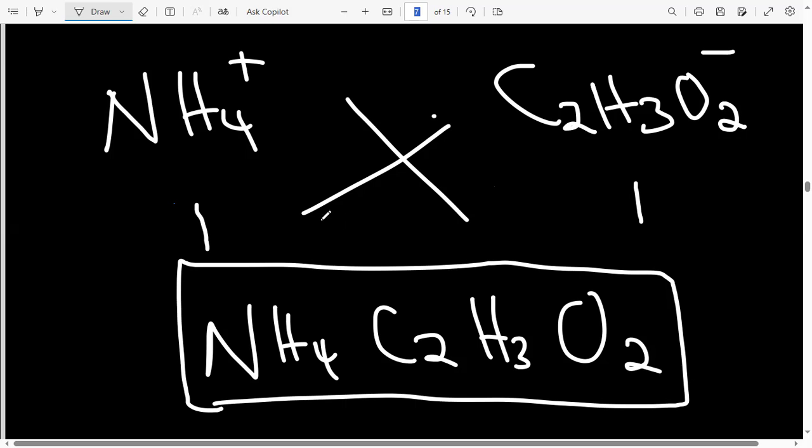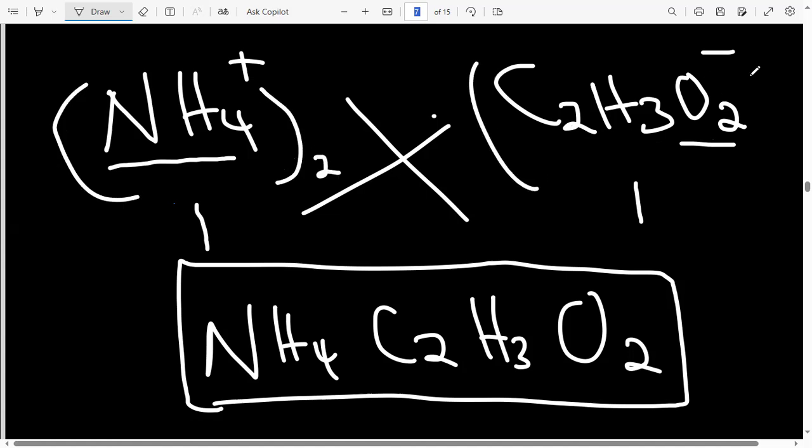When you look at this, the 4 is just on the H, and the 2 is just on the O. Unless you have a number that is on everything, let's say I had these in brackets with a 2, and these in brackets with a 4, then you can divide. But the way they are, you can't divide, because the 4 is just on the H and the 2 is just on the oxygen.